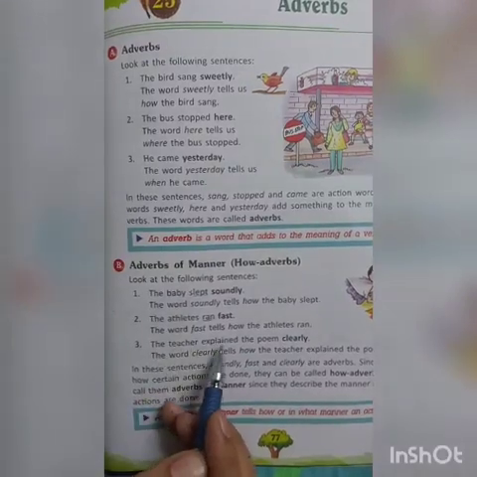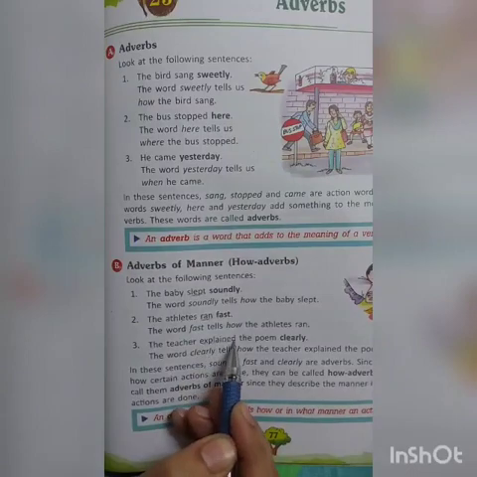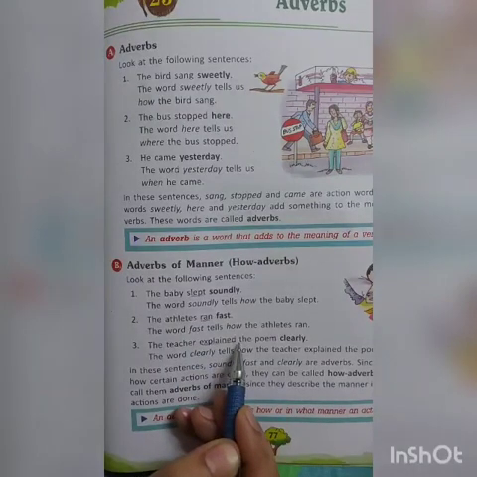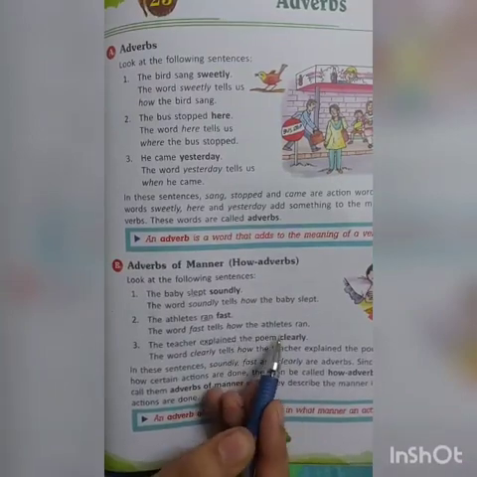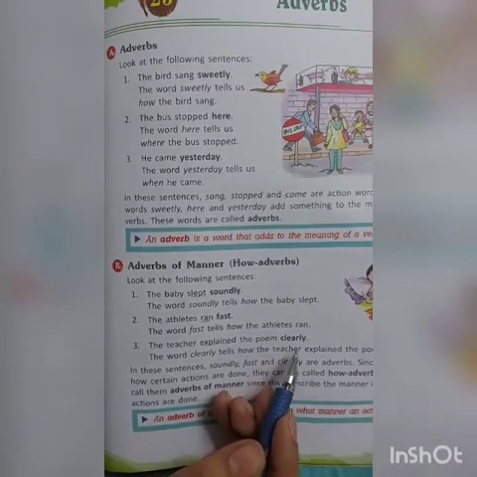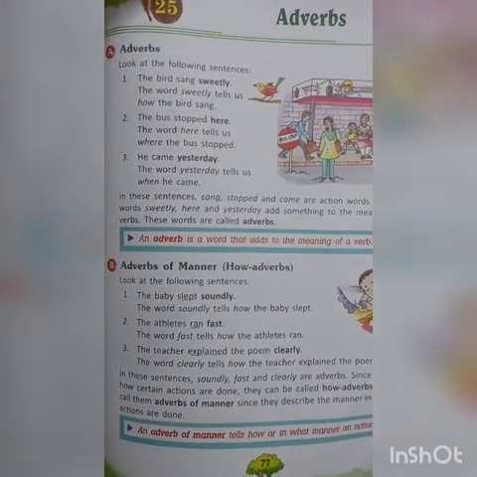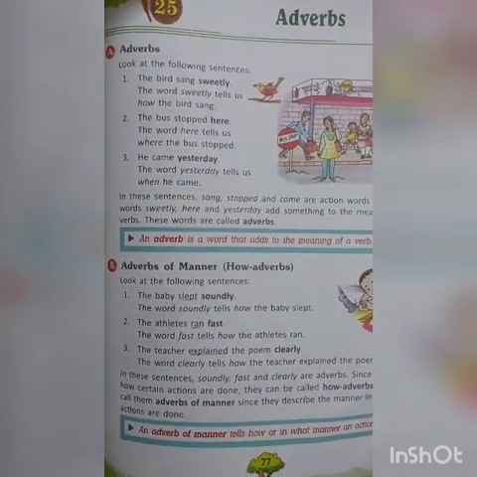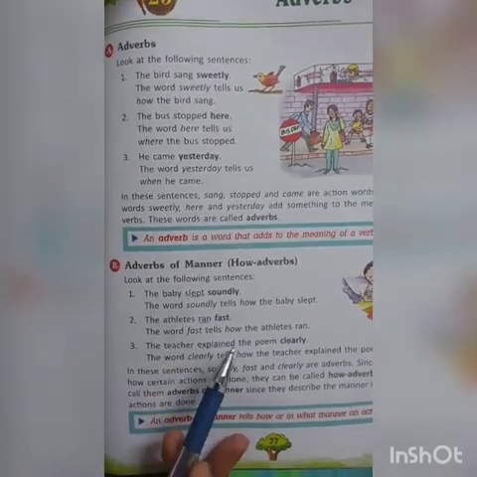Next, the teacher explained the poem clearly. Now here also, explained is the verb and the adverb clearly is placed after the verb it is describing. So you can notice that adverbs of manner are placed after the verb they describe.